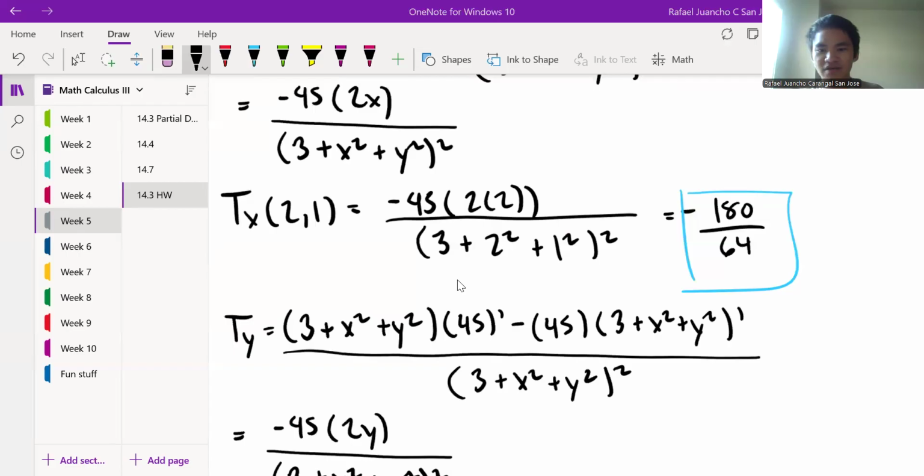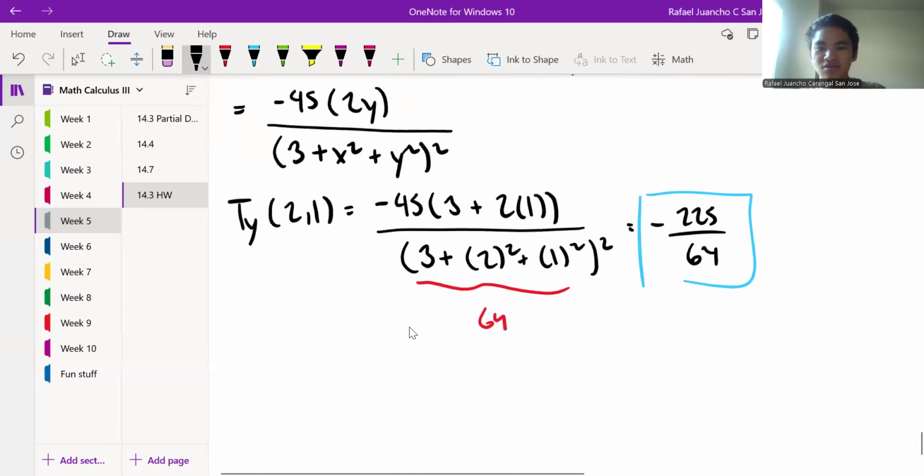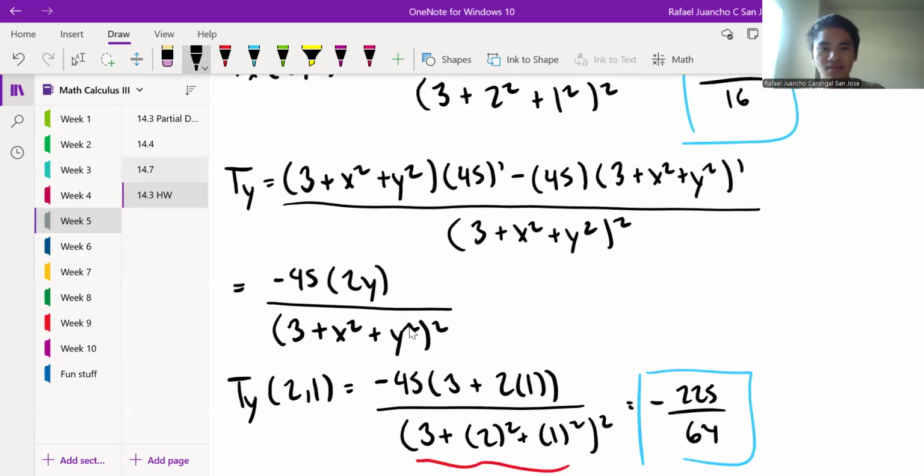And then I can simplify, right? Okay, these are just some careless mistakes. So it's 4. Oh, 45 over 16 in the x direction. In the y direction, what is this?